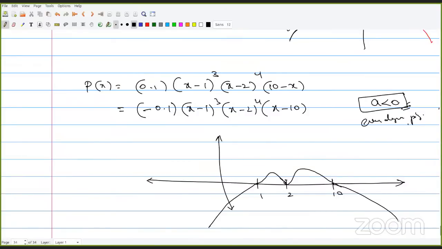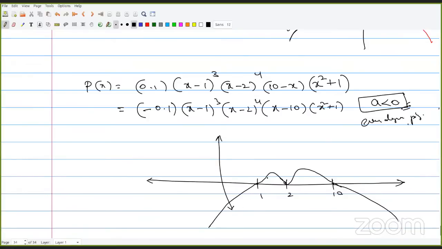Also, sir, bouncing is a turning point. If there is an x square plus 1, we won't consider that factor and we draw the other ones. But it affects the degree, that's it. So if there is x square plus 1, the degree is anyway even. Here also the degree is even. It won't change much.